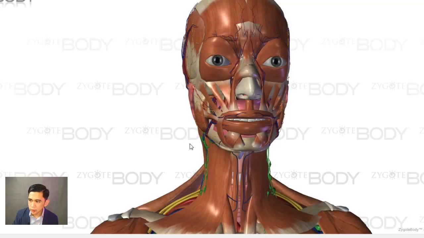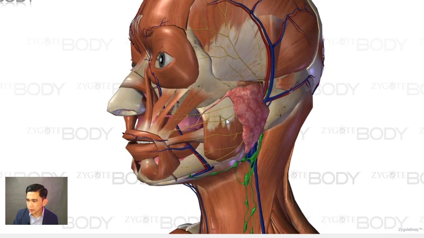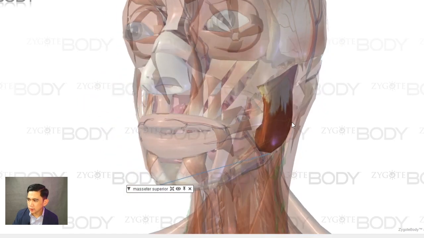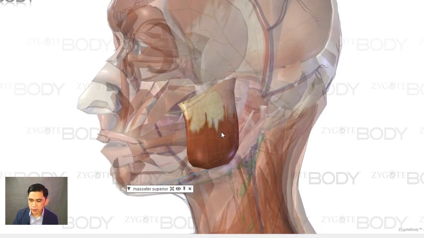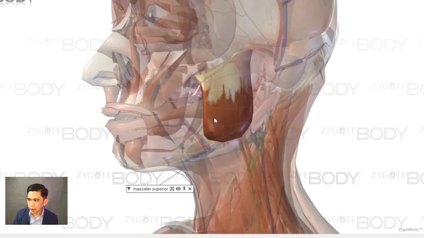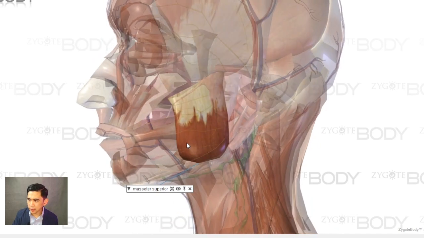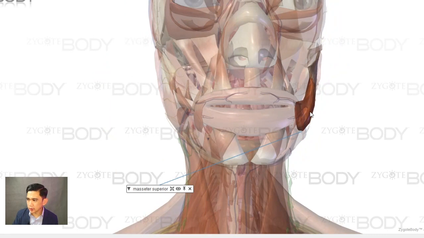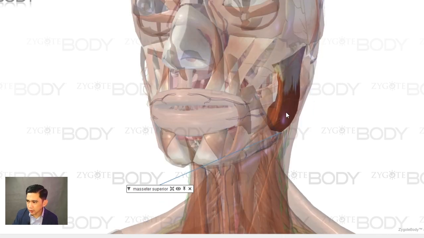Let's go now to the zygoma. Here, this is the masseter muscle. On the side it is very prominent, but in front it can also contribute if your muscle is a little bit big, which Asians usually have, a really big masseter muscle.